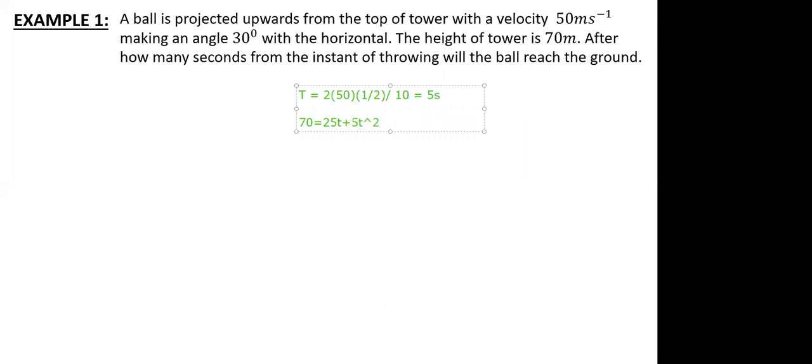Then we'll get a quadratic equation as t square plus 5t minus 14 is equal to 0. Then t will be either 2 or minus 7, but time cannot be negative, so time will be 2, and we'll add 2 and 5 to get the total time. That's 7 seconds.